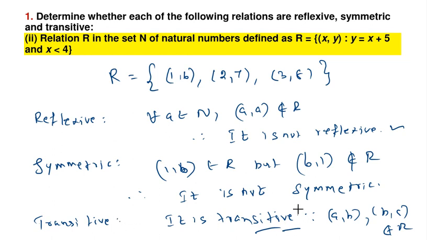So dear students, it is transitive but not symmetric and not reflexive. How can we conclude? The relation is transitive but neither reflexive nor symmetric.